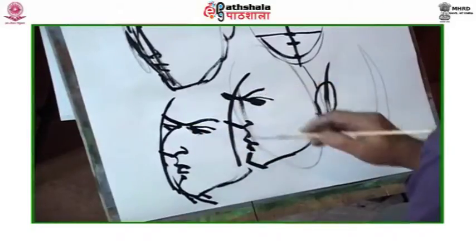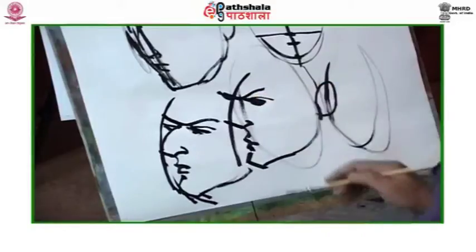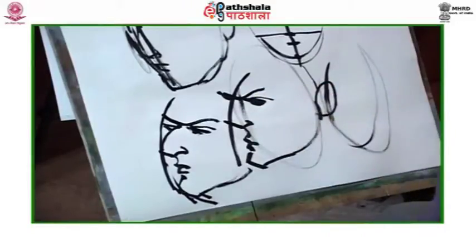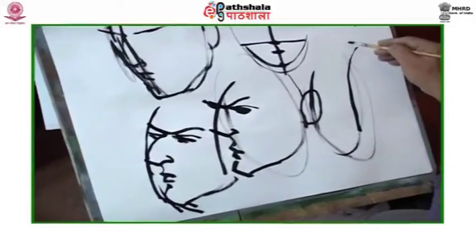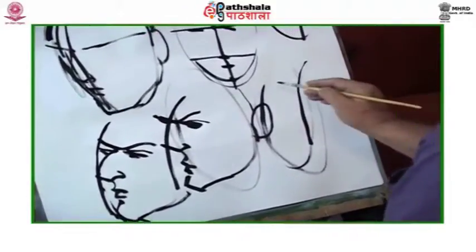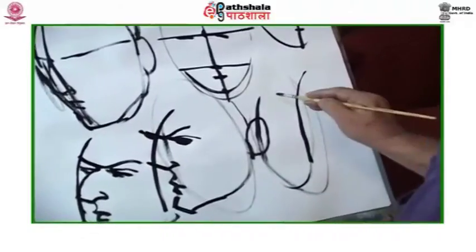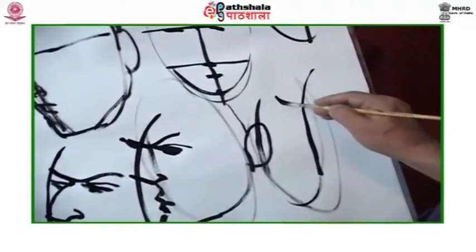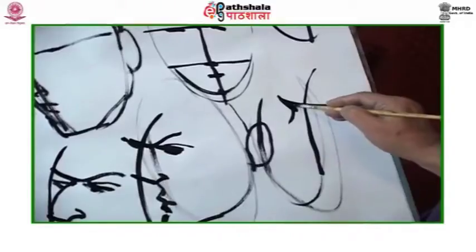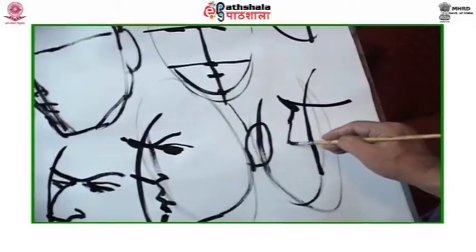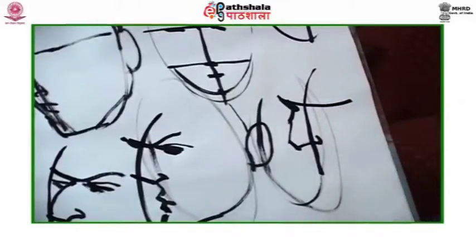The central vertical line, as it shifts from right to left, will also change the position of the head when viewed from a different angle. When the line shifts to the right, it gives us the right profile of the face, and when it shifts to the left side we see the left profile.